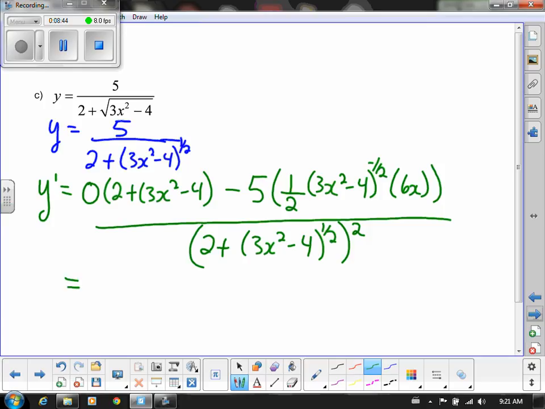This first term goes away because we're multiplying it by 0. So I'm using the bracket here. Now, over on the other side, when I simplify, I have negative 5 times half times 6x. So that's going to end up giving me negative 15x bracket 3x squared minus 4 to the negative 1/2 all over our denominator.